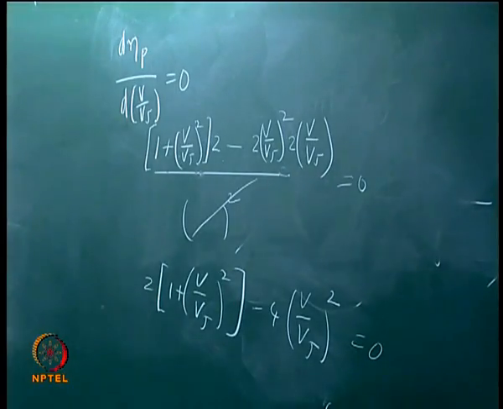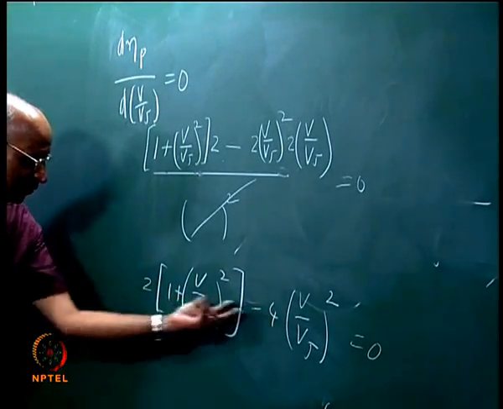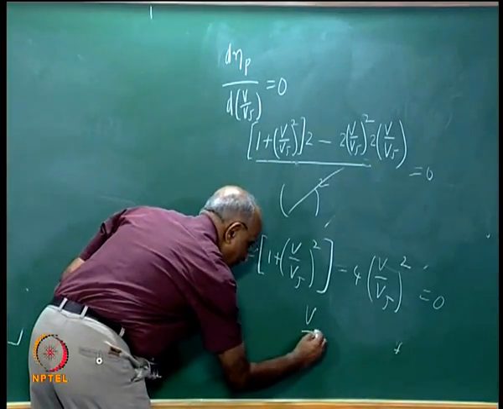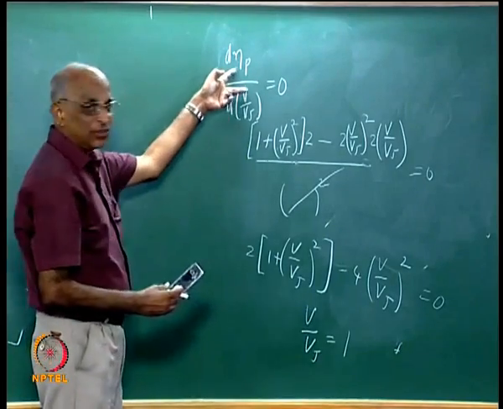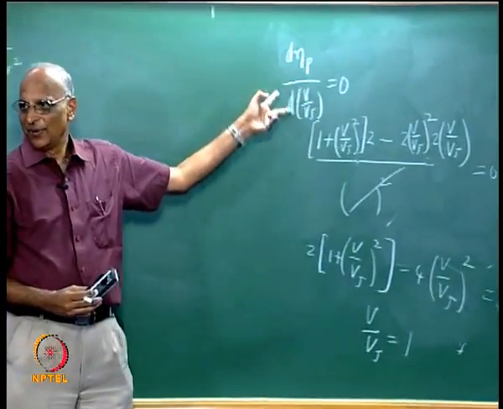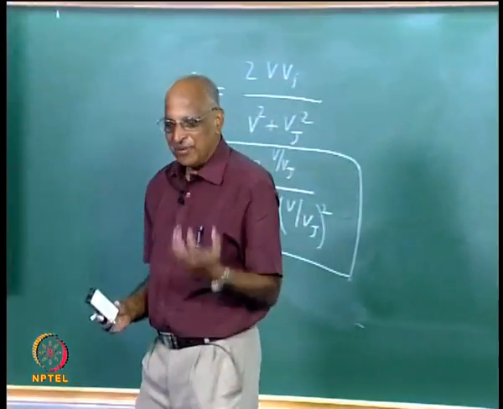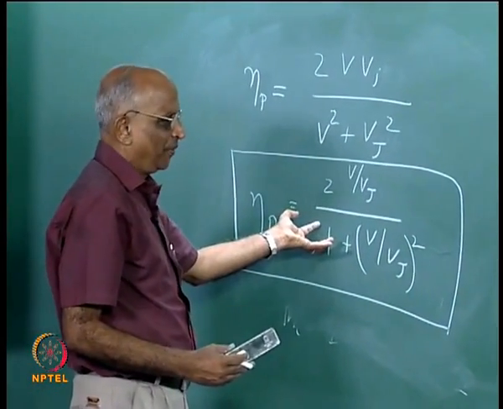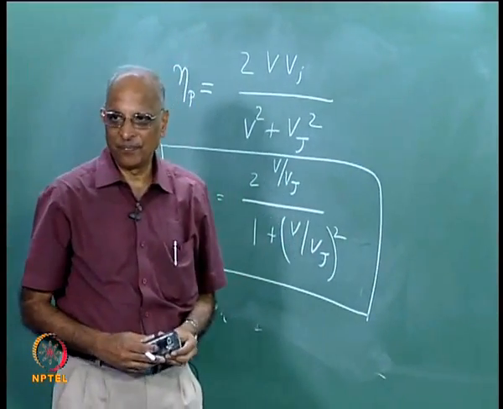What does this give you? 2 minus 2 into V by Vj, or rather it gives you that V by Vj must be equal to 1 to get the maximum. Could you do this? But we must be able to draw inferences by looking at this, and by inspection itself what we get is what comes out of differentiating over there.